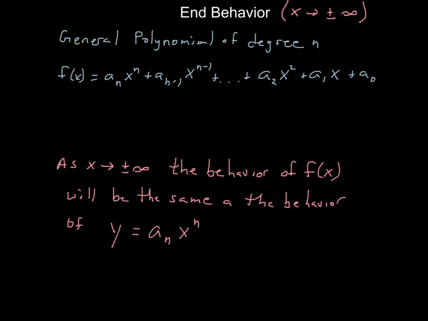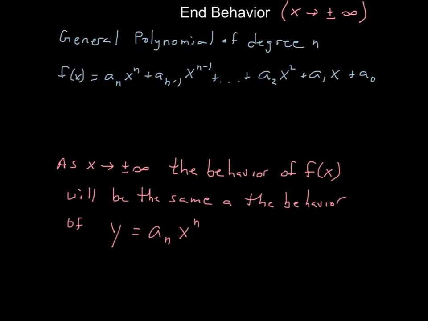When we talk about end behavior, we're talking about what happens to the polynomial as x gets very large, very far from 0, in both the left and the right direction. In any polynomial, there's one term that takes dominance as x gets very far from 0, and that term is the highest degree term, a sub n x to the n.